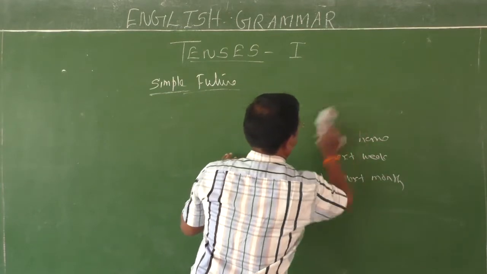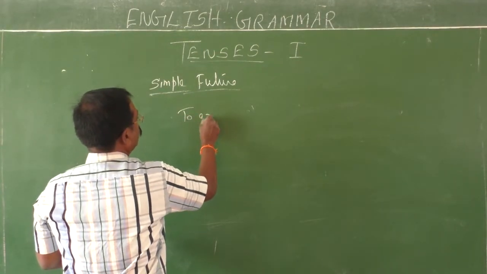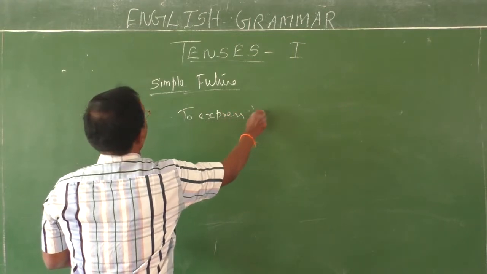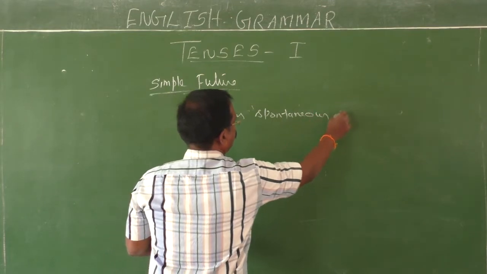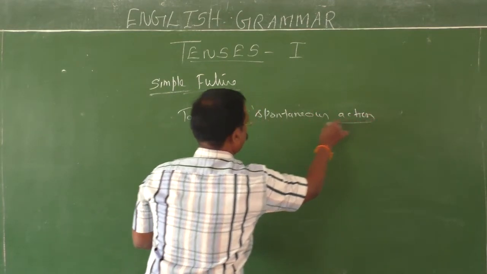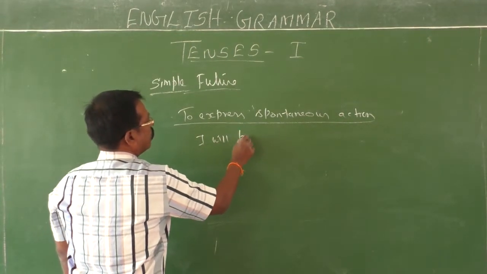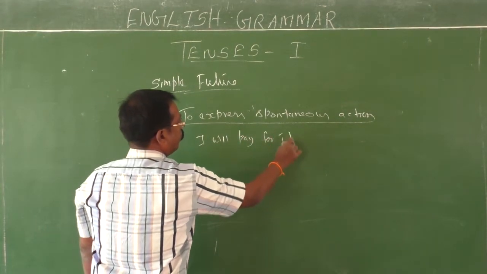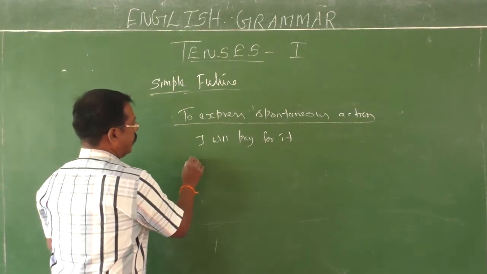For to express spontaneous action, you can use the future tense. I will pay for it. And then willingness.